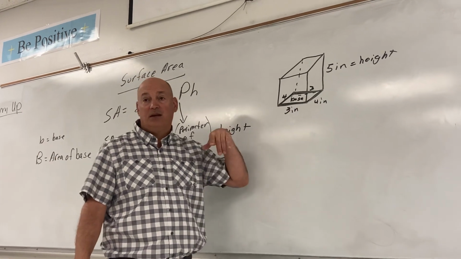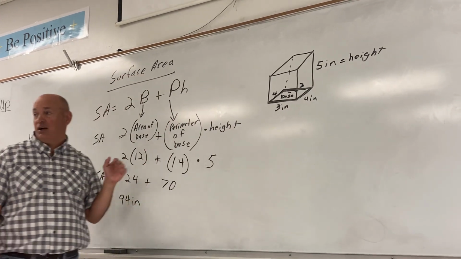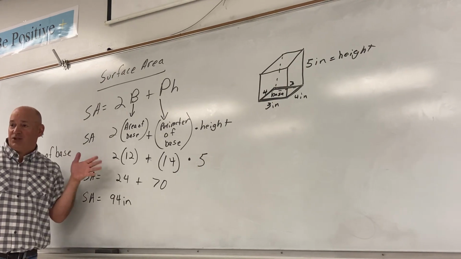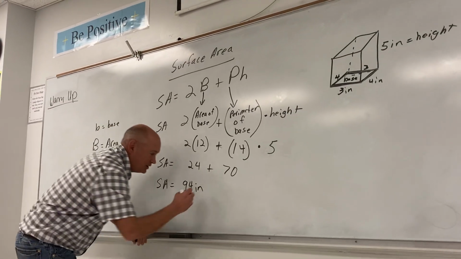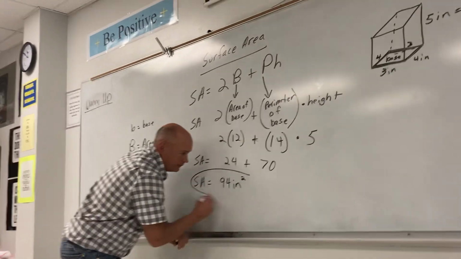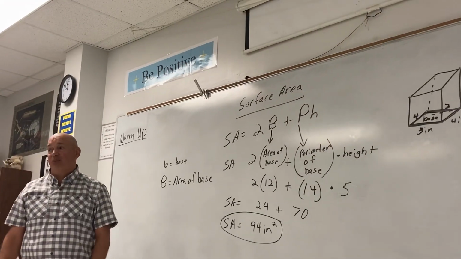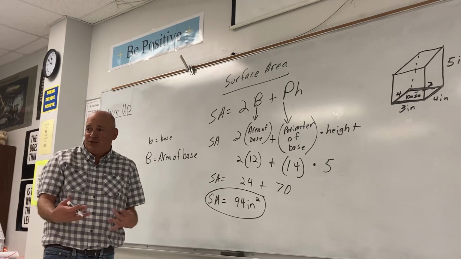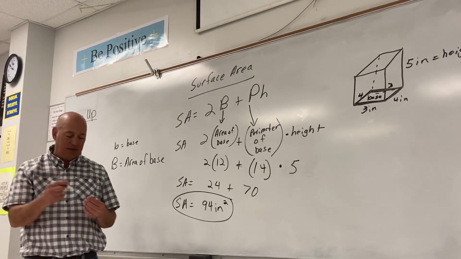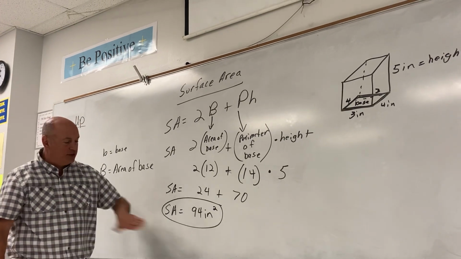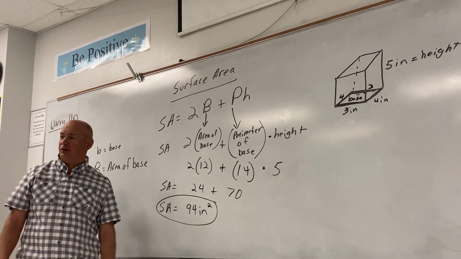Length times width. There is not a third dimension here. The third dimension only goes for volume. The rest of the time you're going to put inches squared. It is a three-dimensional picture, but we didn't find a three-dimensional measure. We only found 2 dimensions of each side and added them together.